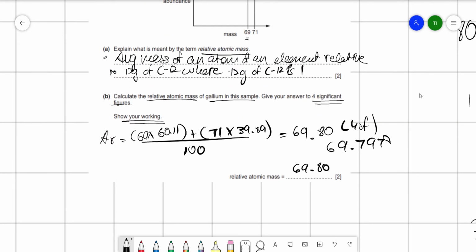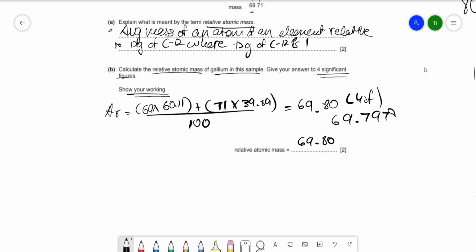Oh, and one more thing that is important when it comes to mass spectroscopy and calculations involving that. Sometimes they'll give you unknown abundances. What you must keep in mind is that the sum of relative abundances is always equal to 100%.